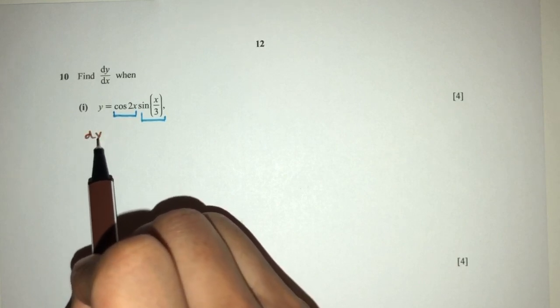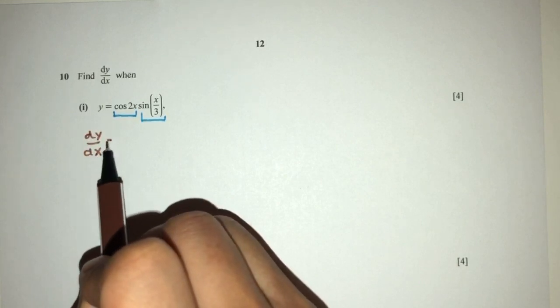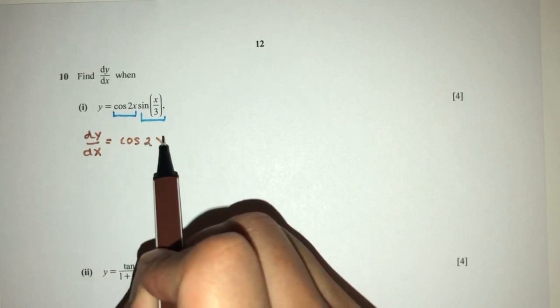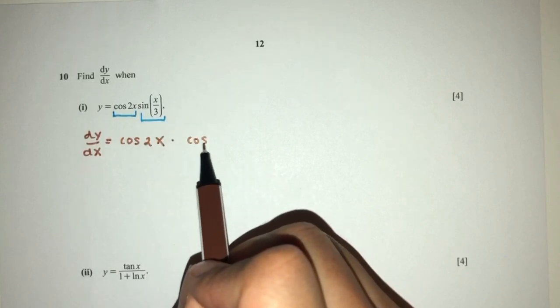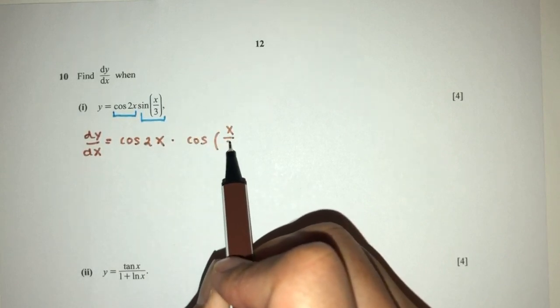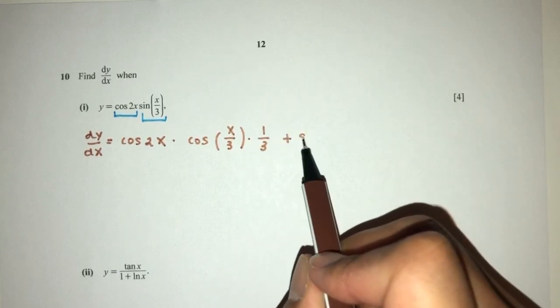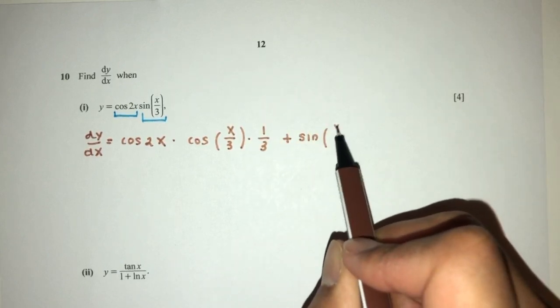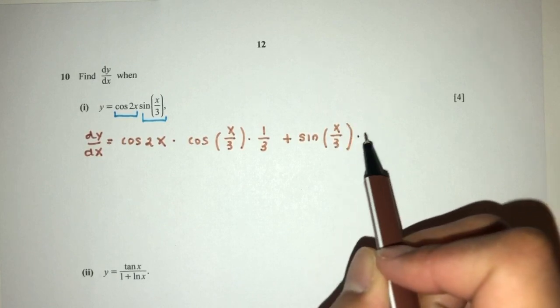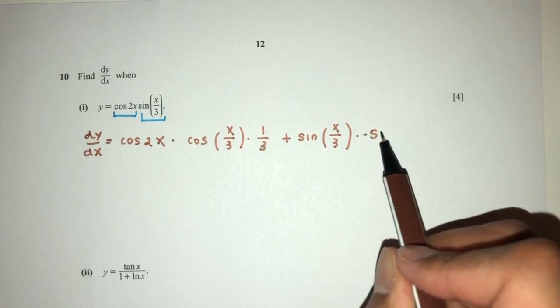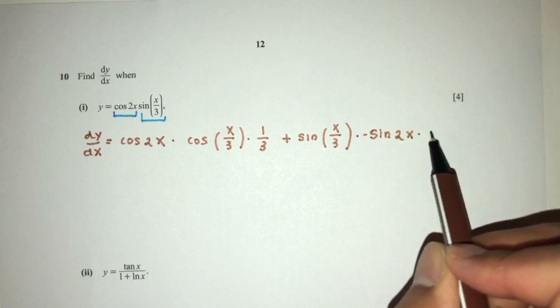So dy by dx, we first leave the first one by itself, that is this one, don't touch it. Then multiply by d by dx of this one, that will be cos of this, multiplied by 1 over 3. And then plus sine of x over 3, multiplied by d by dx of this, which will become minus sine 2x times 2.